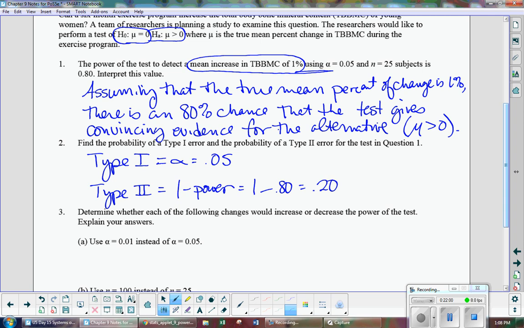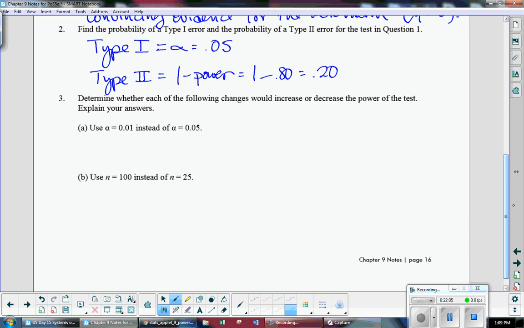And lastly, my last 90 seconds here. Determine whether each of the following changes would increase or decrease the power of the test. Explain your answers. So alpha is going down, right? So alpha is decreasing.